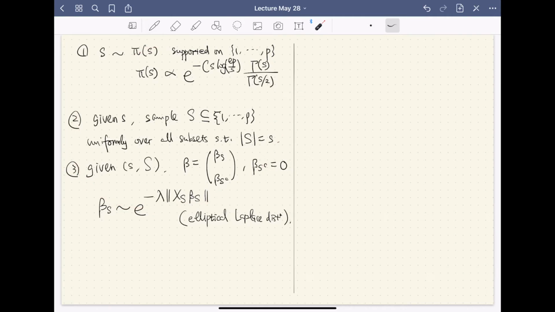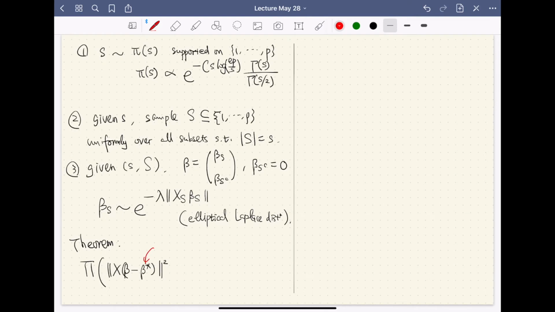And why does it work? First of all, what do I mean by works? So here's the theorem. The theorem that we prove is about the posterior probability. Now I need to make a few notes.